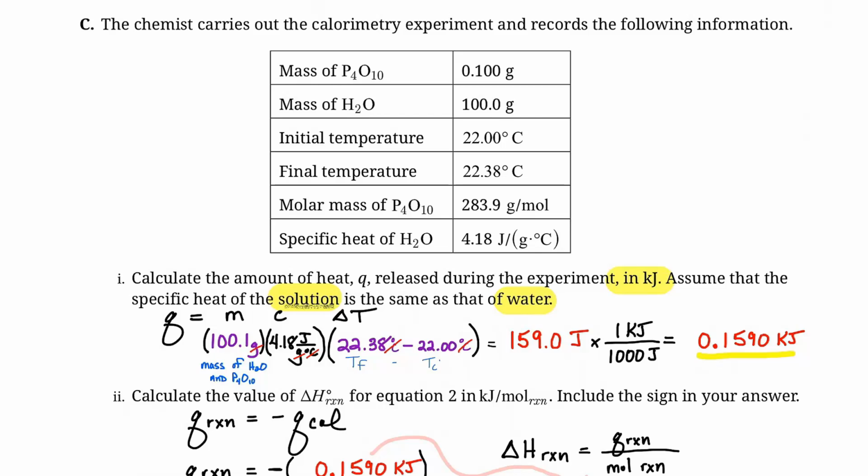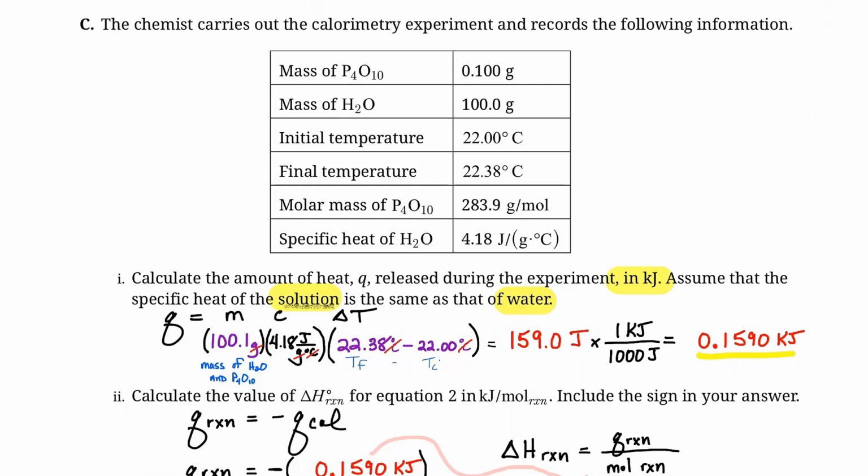Remember, we're dropping P4O10 into water. It's going to create a solution, and of course it's going to react, and we're measuring that energy change. So the biggest mistake I can see people missing here is that they'll forget to add these two, since they kind of gave you that hint that there is a solution.